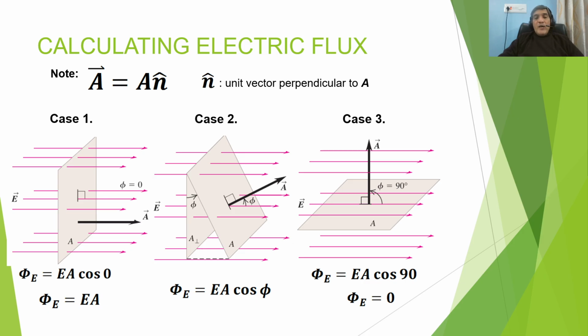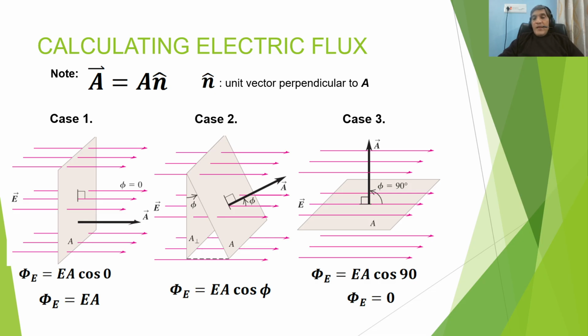So now move to the second case. In case two, we have some angle between area vector A and the direction of the electric field E, and the answer comes out to be Φ_E equal to EA cos phi. Here phi is the angle between area vector A and the direction of the electric field.